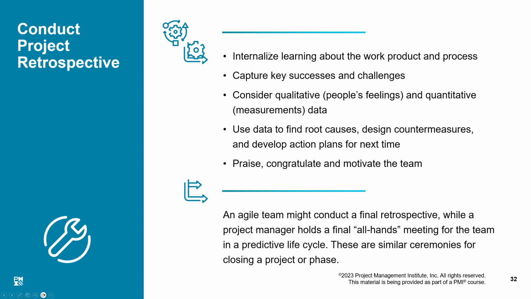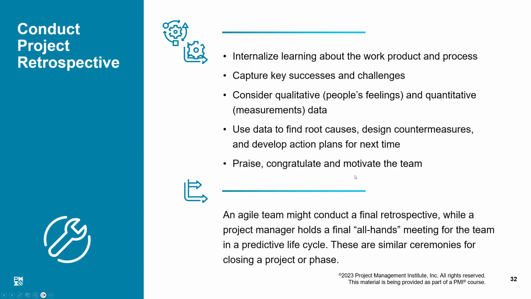So basically, internalize learning about the work, product, and process. Capture key successes and challenges. Consider qualitative and quantitative data. Use data to find root causes, design countermeasures, and develop action plans for next time. That is, we are strategizing for the next time.